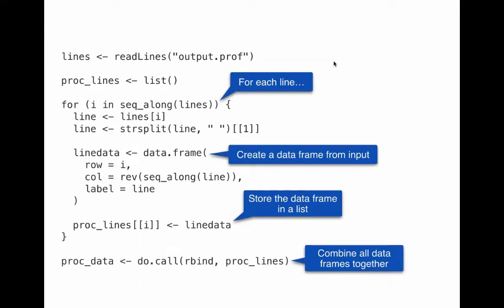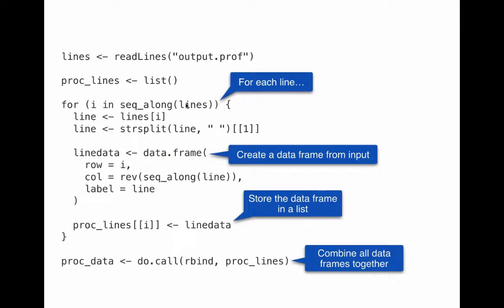I'm just going to walk through this code real quick, and you can look at some of the things that might seem like they're slow. All right, so first we read in the text file. We create a list to store all those little data frames that we create.